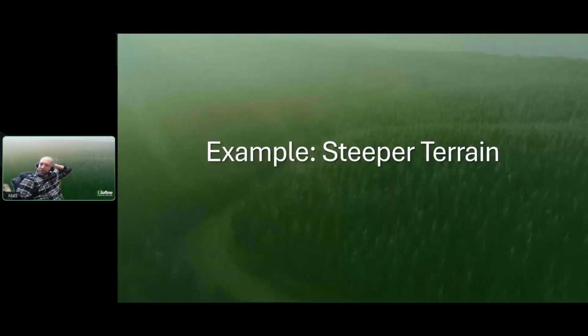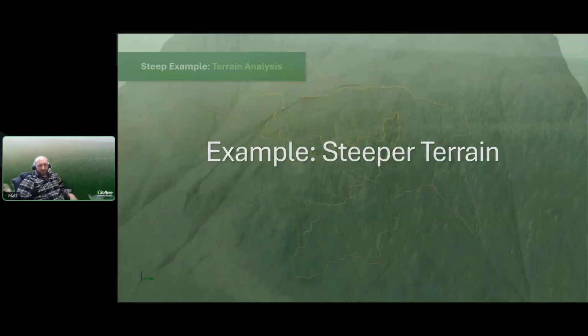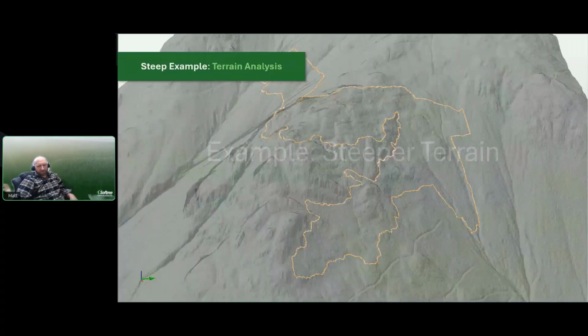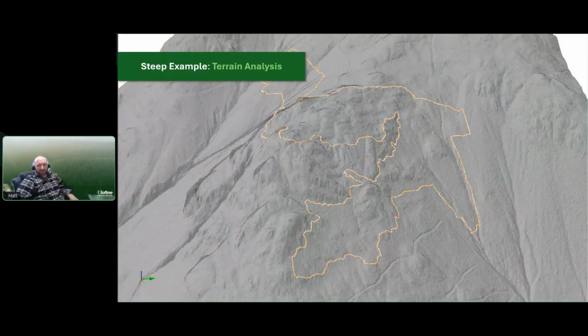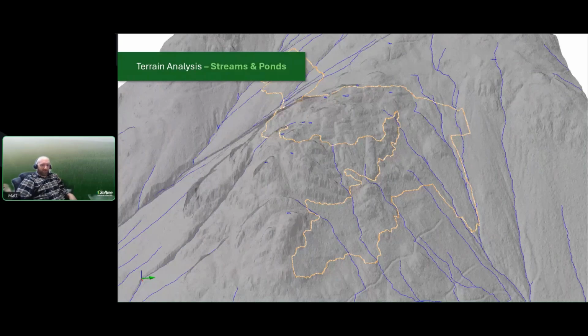Now, we'll look at another example here. This one's not a repair job, but a steep terrain example. So here we've got the proposed block boundary, and the topography being displayed in our 3D view. It's nice to know where water is, so we run the hydrology tools.